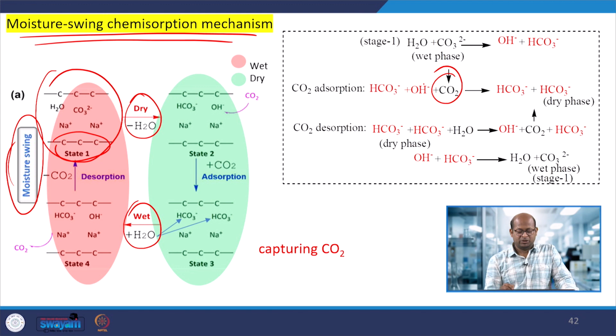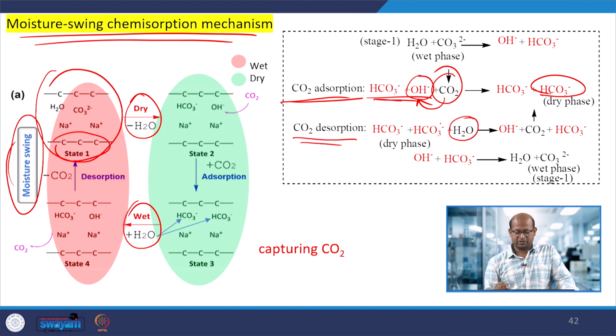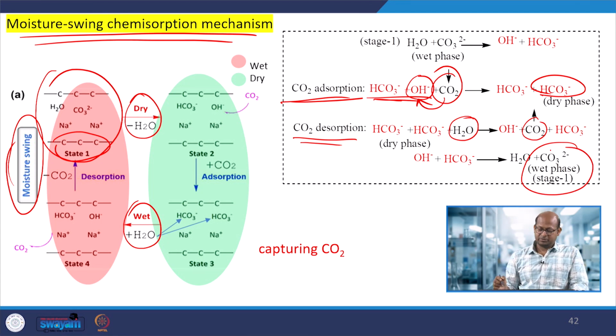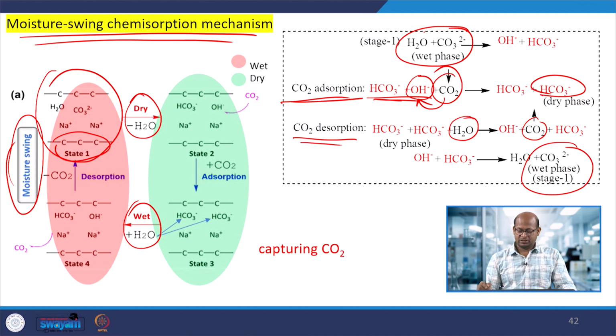When adsorption is required, if we add water, then hydroxyl groups are present there, so the hydroxyl groups capture CO2 and it forms bicarbonate type species, and when desorption is required, we can remove the water, then CO2 will come out, and then again the initial material we had taken, so this stage would come back.